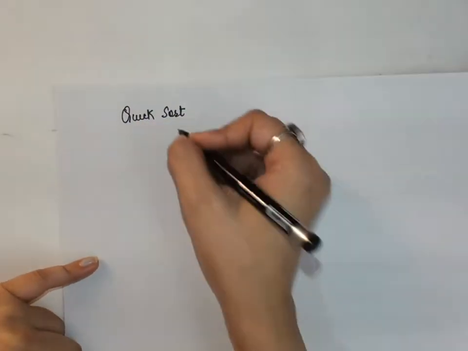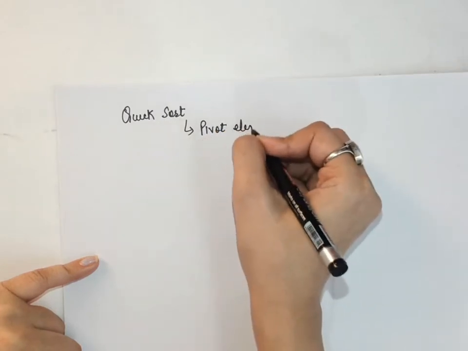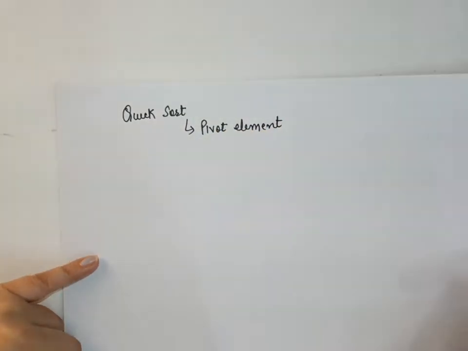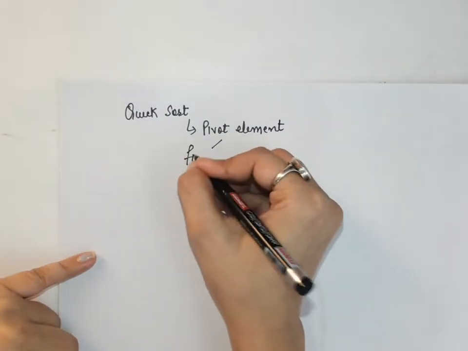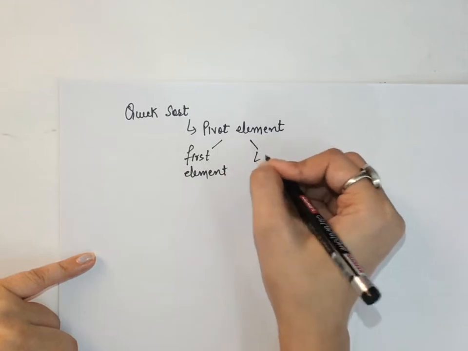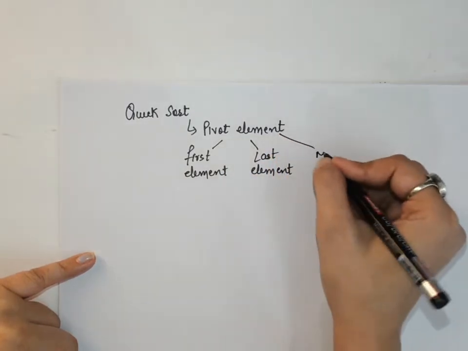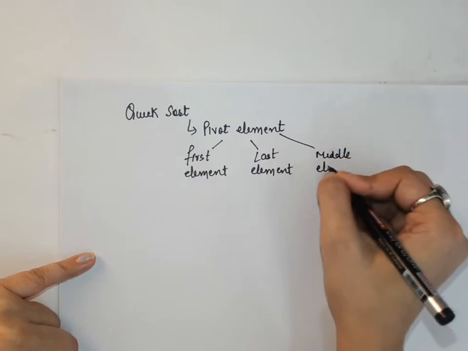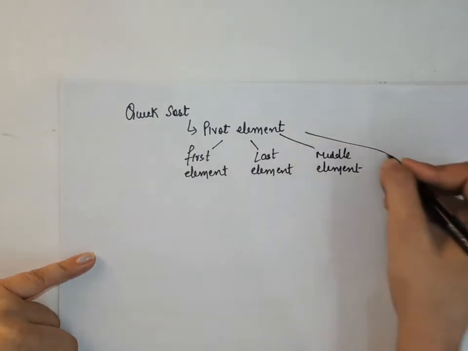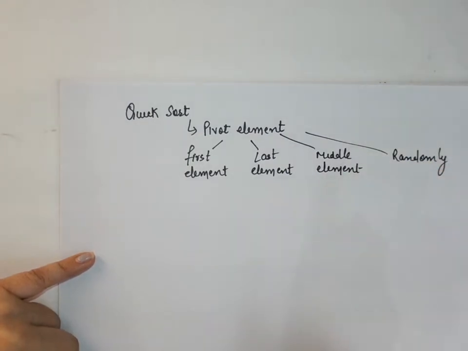In quicksort, we consider a pivot element, and we can consider the first element, last element, middle element, or randomly any element as our pivot element.